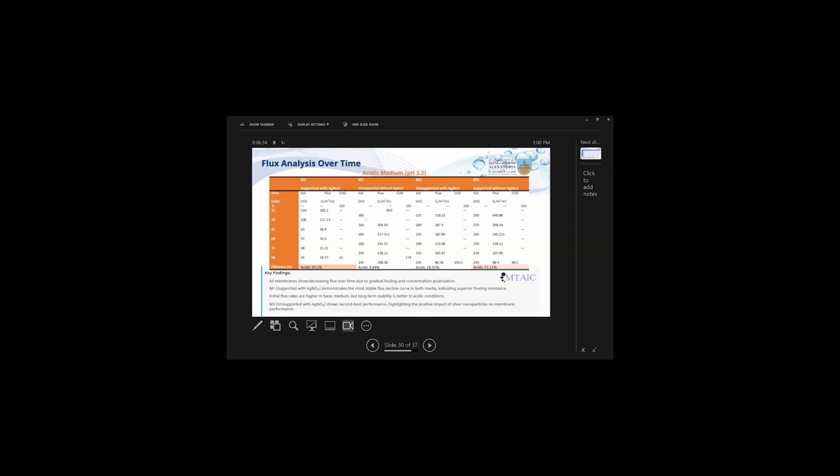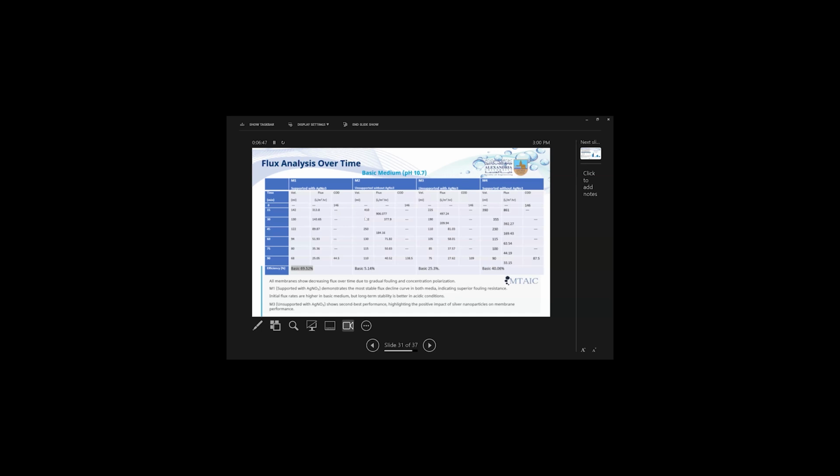If we look at the table here, we find that the efficiency for the acidic medium was superior at 93.2%, and for the basic medium, it was 69.52.